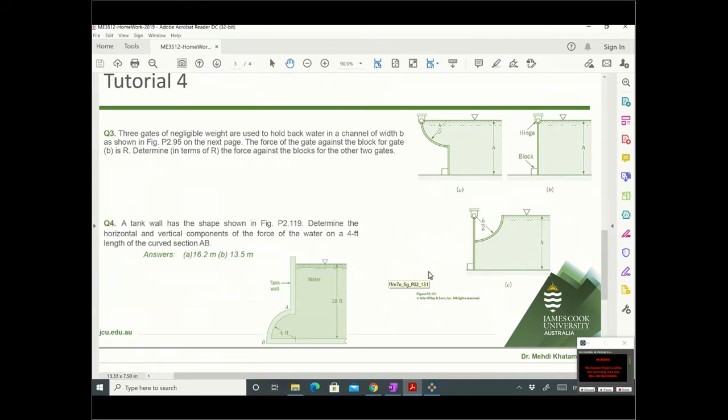So the first part of this question is the one we solved many times. Very easy.